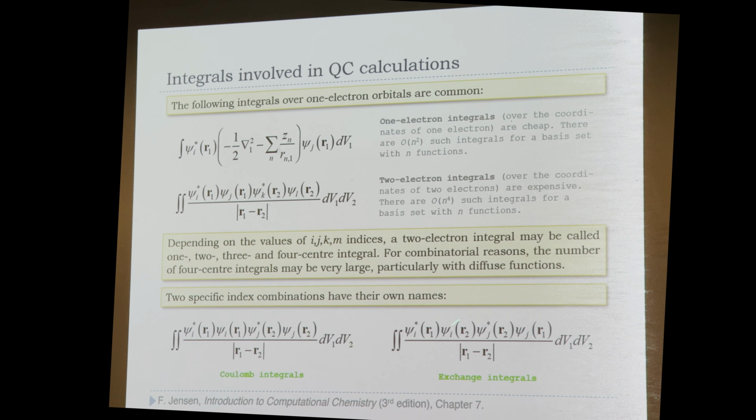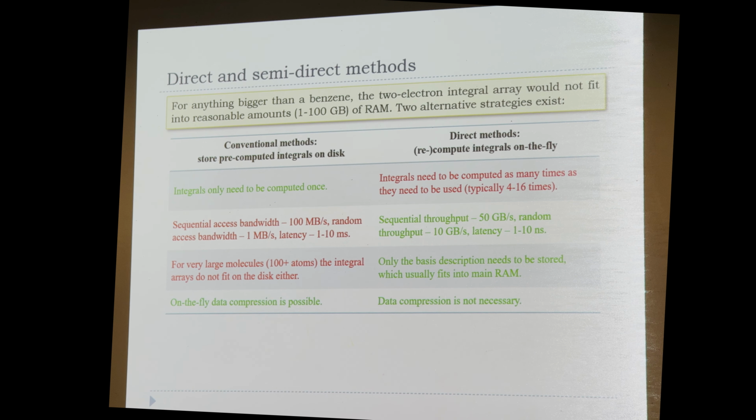It comes out of the anti-symmetry requirements in fermionic systems, and for reasons of labels being exchanged like this, they're called exchange integrals. And you will see these types of integrals a few times here in density functional theory and in a few other places. Okay, so how do we deal with them, or rather how does the software deal with it?